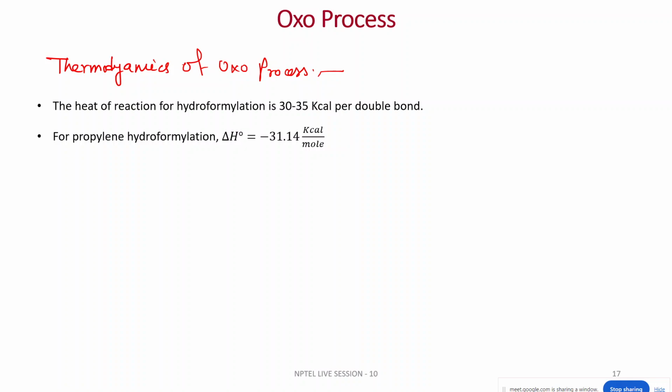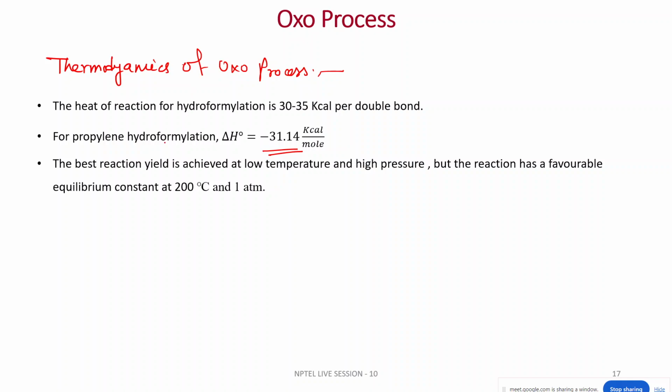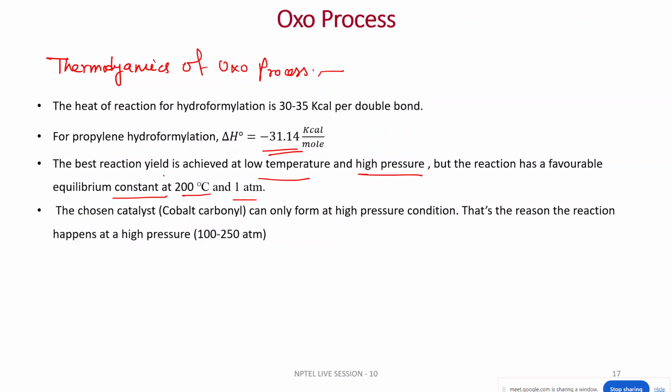For propylene hydroformylation, you can see this is exothermic in nature because delta H is negative. The best reaction yield can be achieved at low temperature and high pressure, but the reaction has a favorable equilibrium constant at 200 degrees Celsius and 1 atmospheric pressure. The chosen catalyst for the addition reaction, cobalt carbonyl, can only form at high pressure, so that's the reason the reaction happens at a very high pressure, 100 to 250 atmosphere.